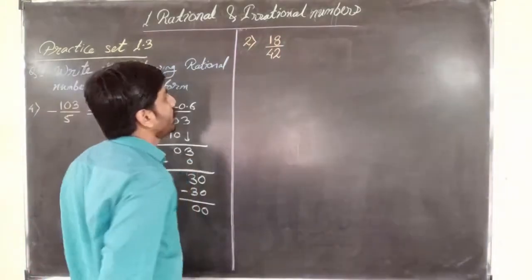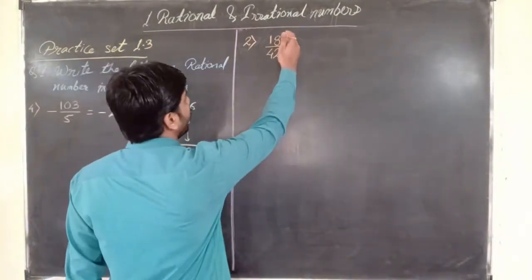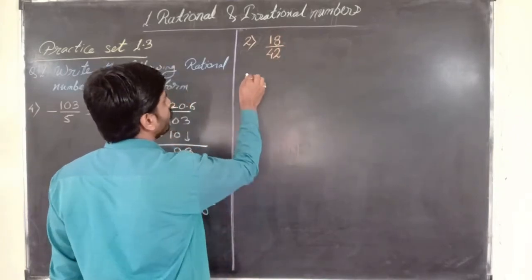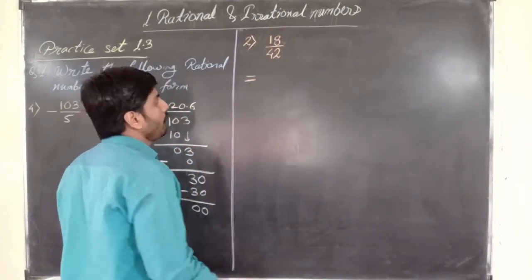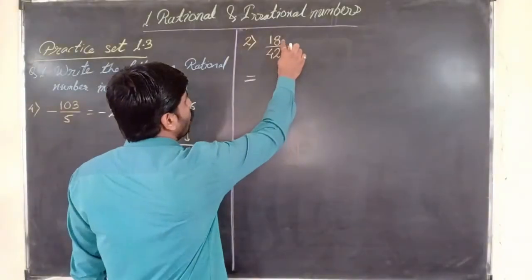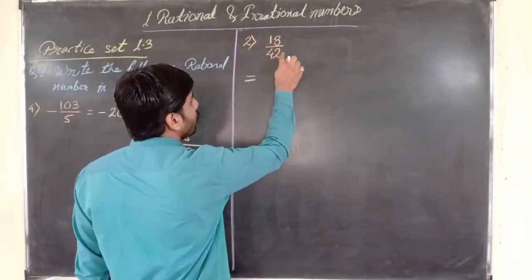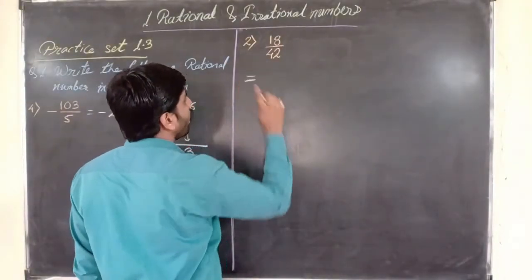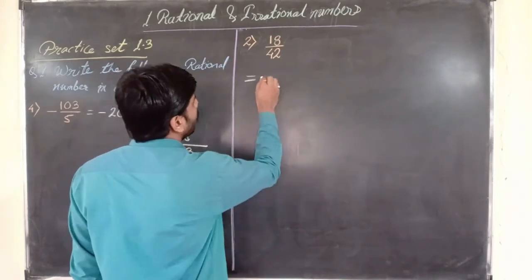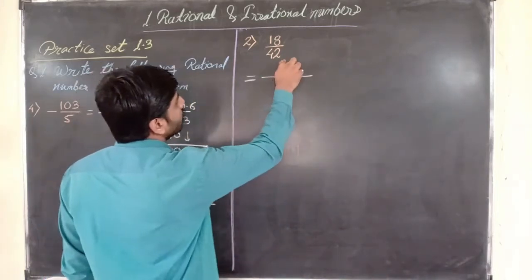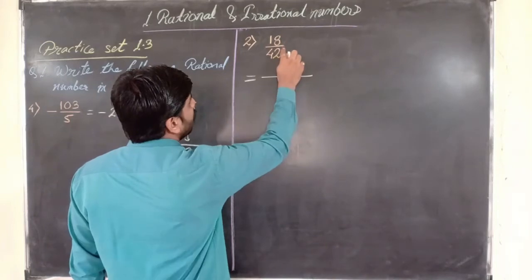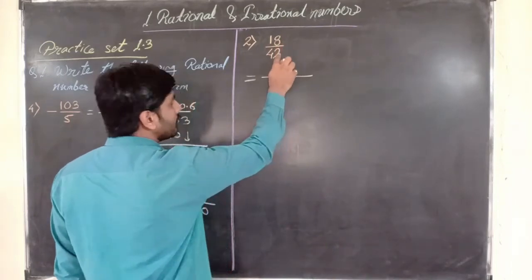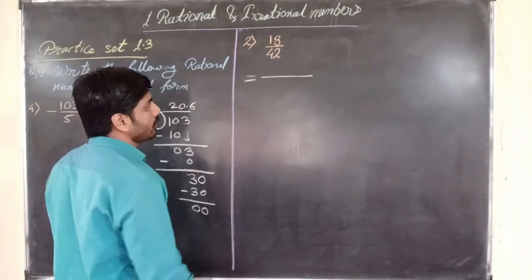We'll try to solve one more example. Here we are going to divide 18 by 42. In this example, both numbers are even numbers. So first we will try to factorize them. If you observe this, you will get that the GCD of both numbers is 6, as both numbers are divisible by 6.